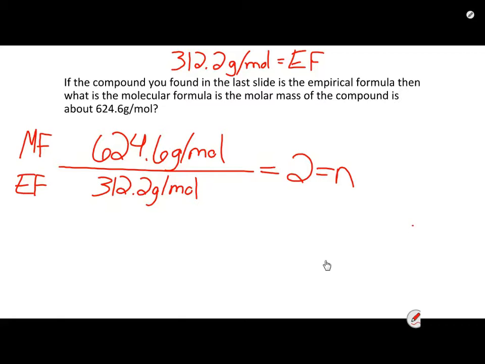So, does anyone remember what our empirical formula for our first problem was? What was our empirical formula for our first problem? It was C11, H20, O10. That's my EF.